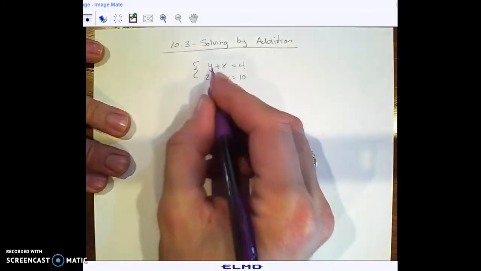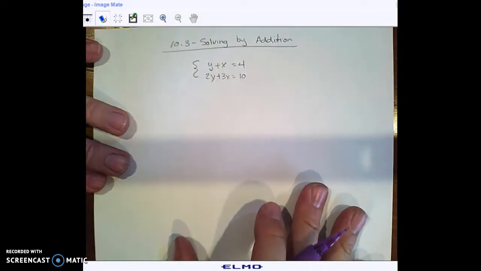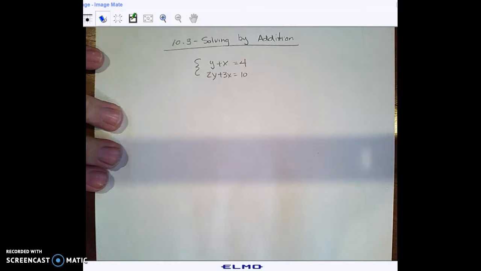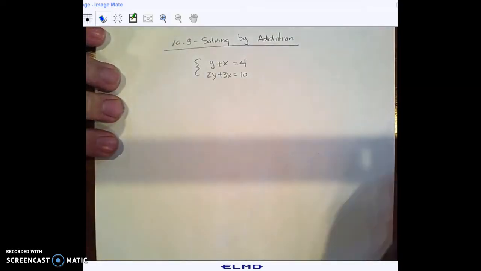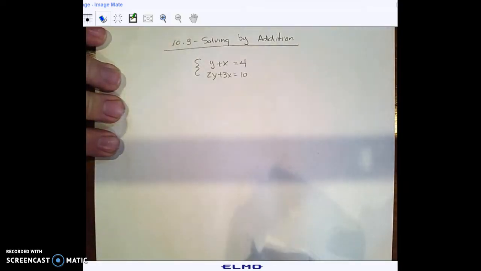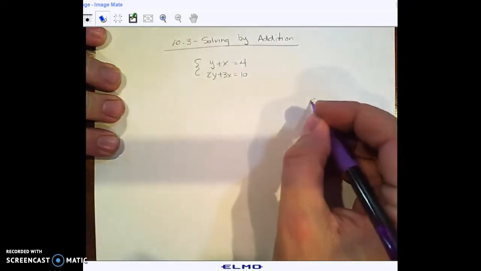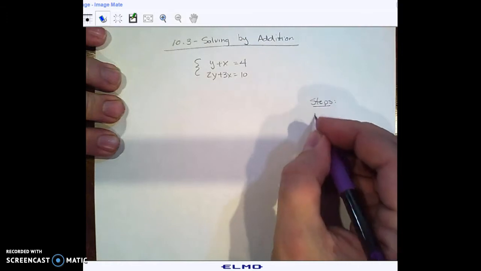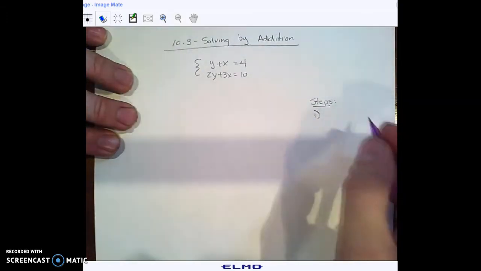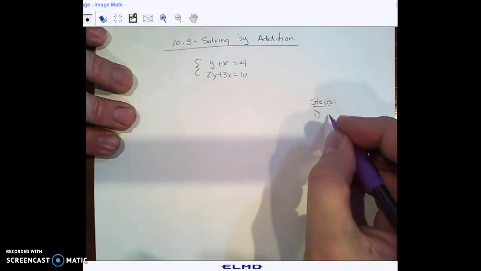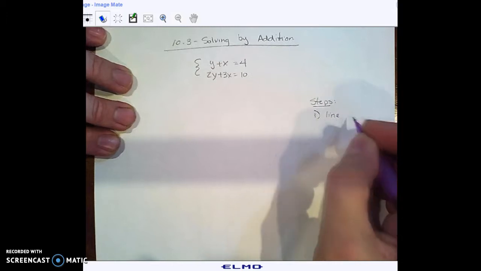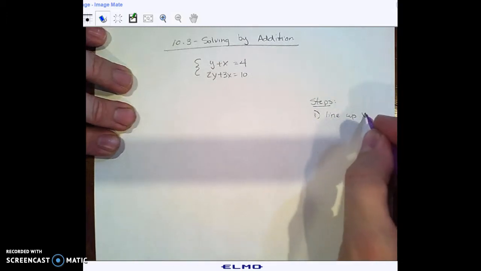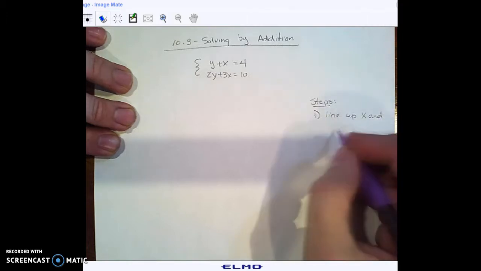Now, there is a relationship between these two lines, and we're going to use that relationship to our benefit when we're working on these questions. What we need to do when we are solving using addition, these are our steps. The first thing that we need to do is line up the x and y values.